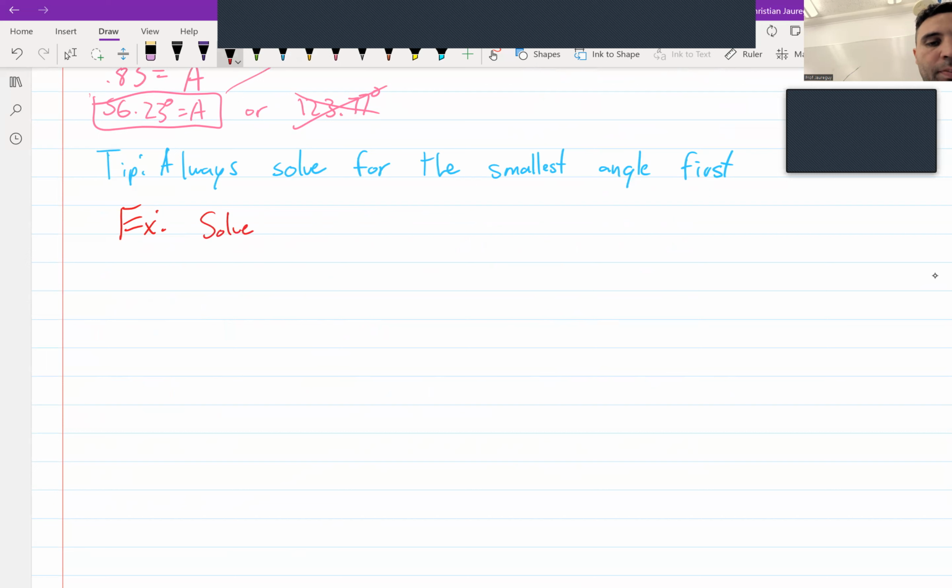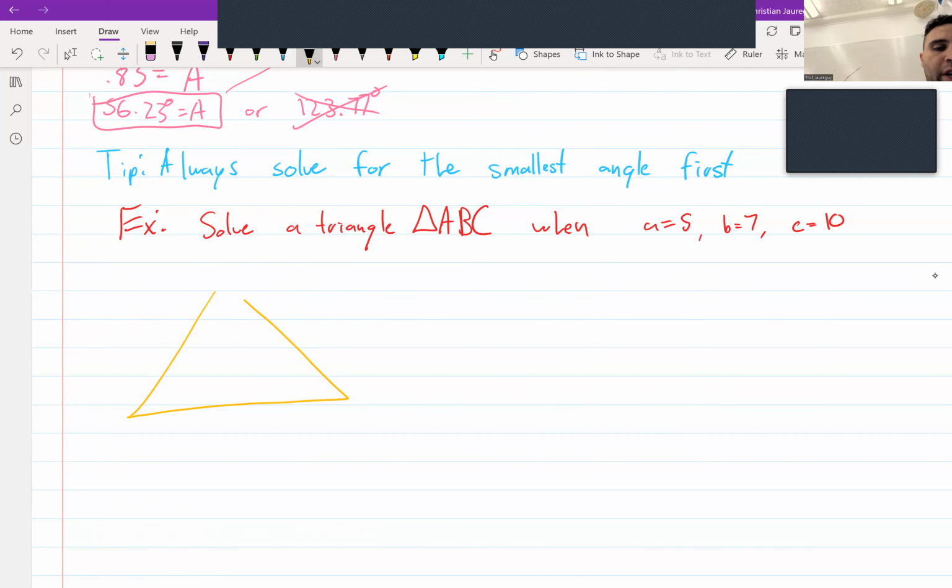Solve a triangle ABC, when little a is 5, little b is 7, and little c is 10. And draw your triangle. Maybe call this one little c, 10, b, 7, little a, 5.